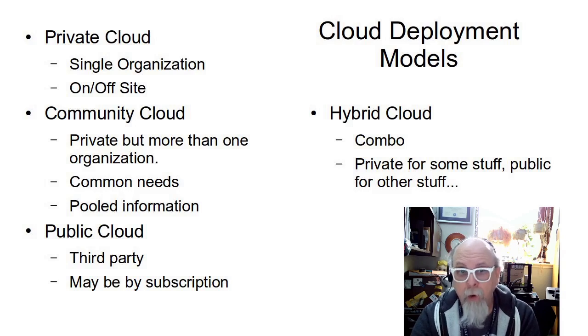So one of you or a group of you would build a private cloud, but it would be used by the community, not just the employees of a single organization, but the community that's pooling the information and common needs. You'll often see community clouds used by groups of doctors that have a single system for multiple doctors' offices so that they can share the PHI and share the patient data, but also share the expense, share the risk.